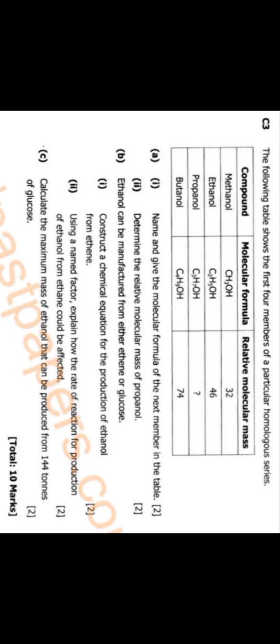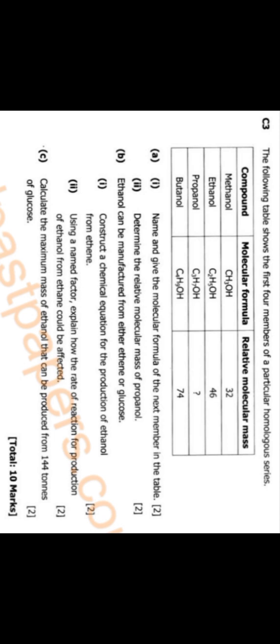Pentanol is the 5th member of this homologous series, meaning the value of n is 5. So the molecular formula will finally be C5H11OH. That is the molecular formula of pentanol.